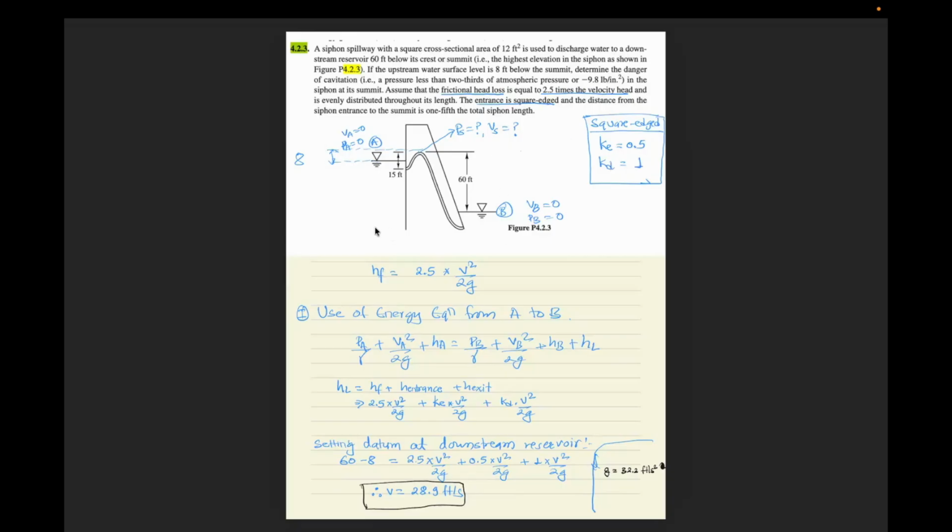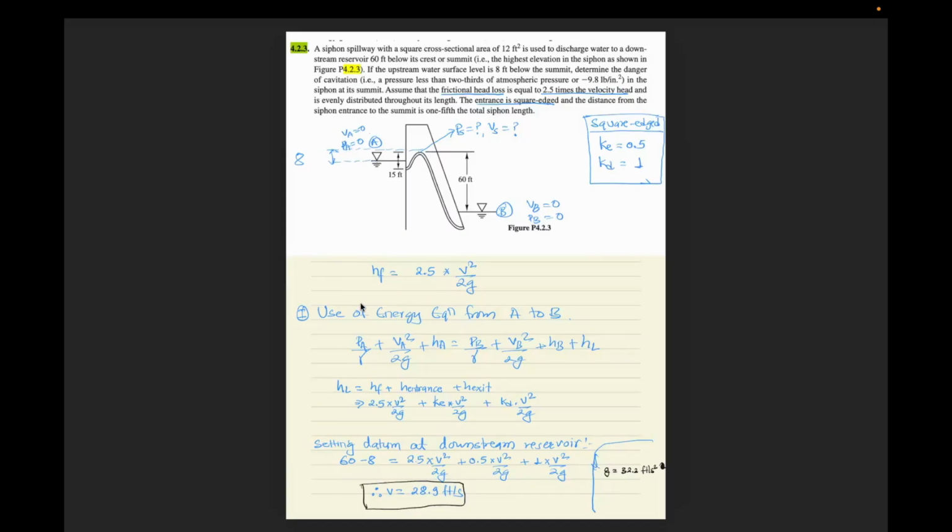So now from the question, let us suppose this top be point A and this be point B, and this top of siphon be PS and VS. So for A, velocity and pressure will be 0.